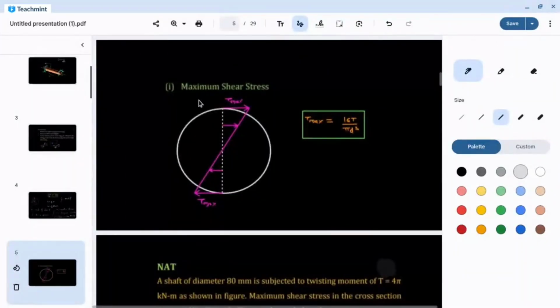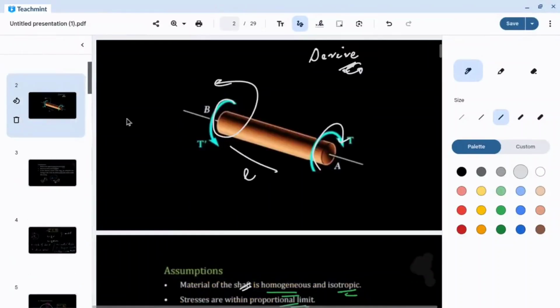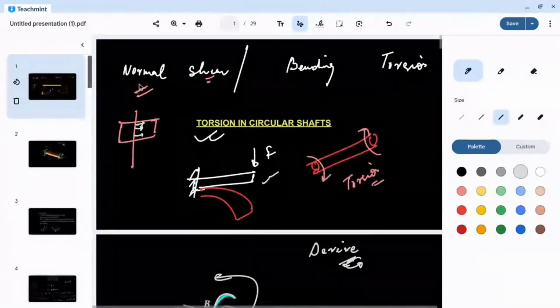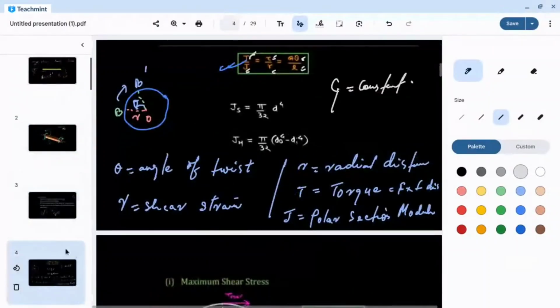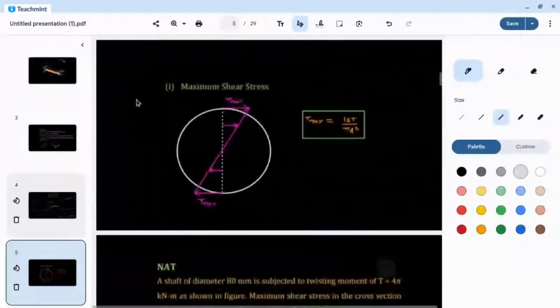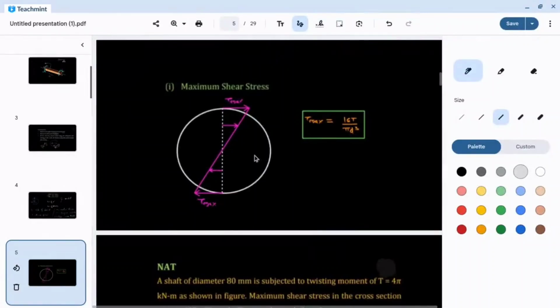Now the maximum shear stress. In normal stress the nature of the stress is uniform, but in torsion it varies linearly.